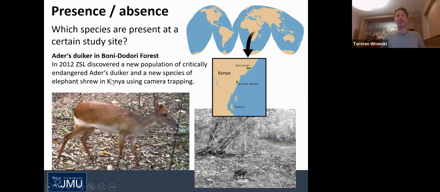So a camera trapping study was implemented in 2012, and it discovered indeed a population of the critically endangered Aders' duiker. So this was a presence-absence study, and we simply confirmed the presence of this endangered ungulate species in the two target areas. Another interesting thing which was discovered during that survey was a yet undescribed elephant shrew.